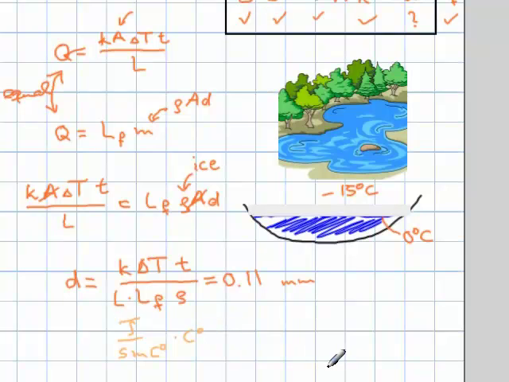Time, I took the 5 minutes and converted it to 300 seconds. And we can already see that a bunch of stuff is dividing out here. L is given in meters. The latent heat of fusion is given in joules per kilogram. And the density is given in kilograms per cubic meter.